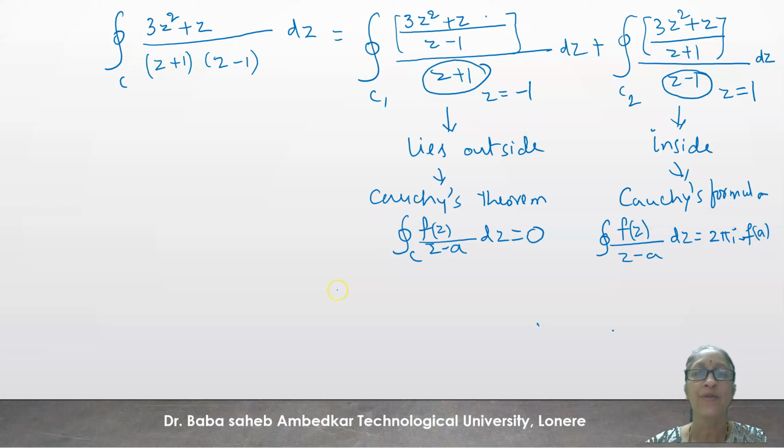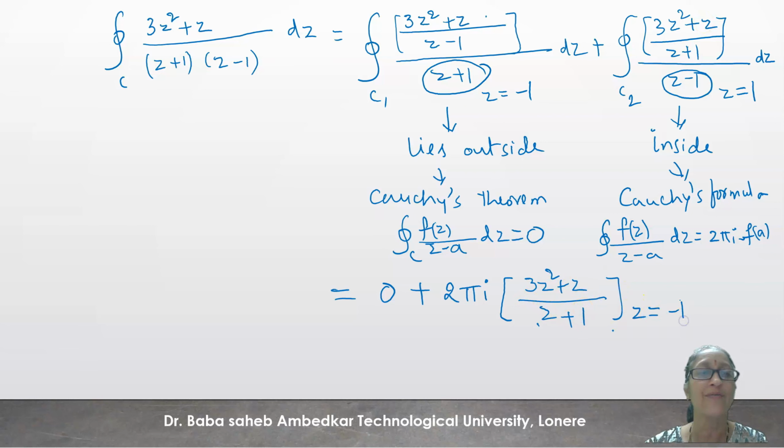So according to these, the value of the first integral is 0. The value of the second integral is 2 pi i into, here what is f(z)? f(z) is nothing but the expression which is in the numerator. So here (3z square plus z) upon (z plus 1) is f(z). We have to find its value at z equal to plus 1, because the pole is z equal to 1.